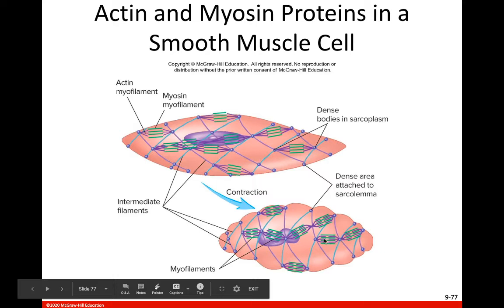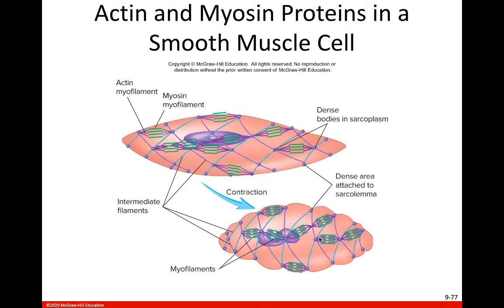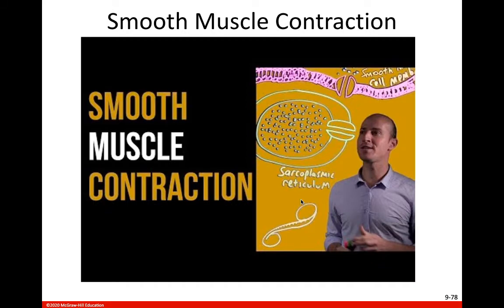Effectively, when that all happens all over the cell, we get the squeezing or shortening of that smooth muscle fiber. Also, we can see here the blue intermediate filaments not shortening, not contracting, but just being moved as those dense bodies are pulled in closer together.